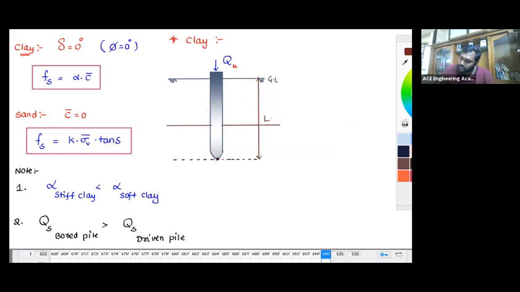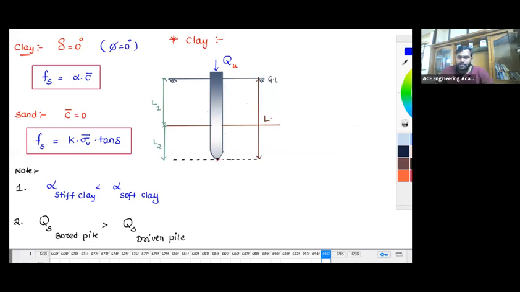Let's say whatever the length I have here is L1, and whatever the length over here is L2.